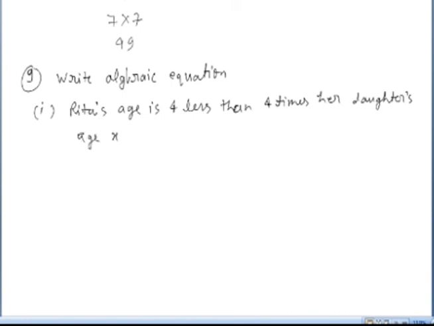X. So her daughter's age is X. So Rita's age is 4 less than 4 times her daughter's age X. So 4 times the daughter's age X is 4X. Okay, and Rita's age is 4 less means minus 4. So this will be the equation.